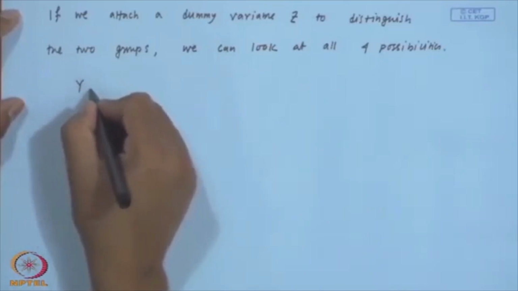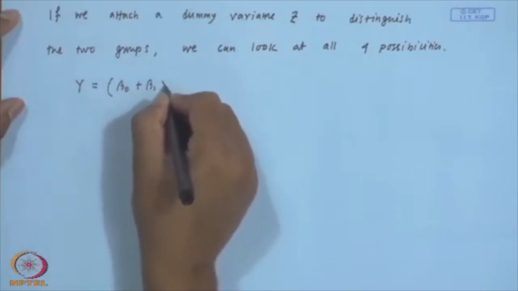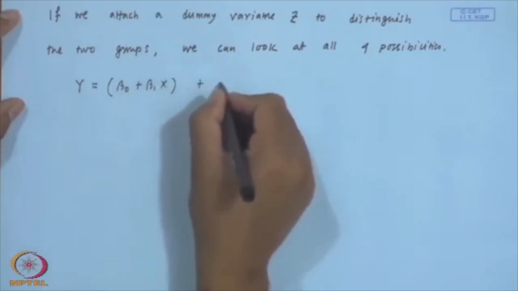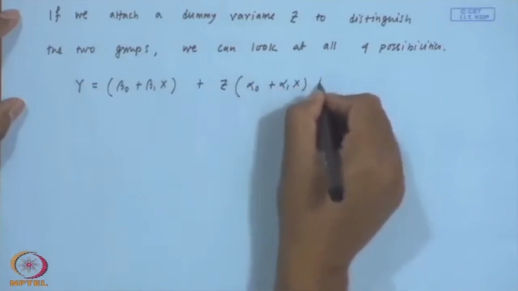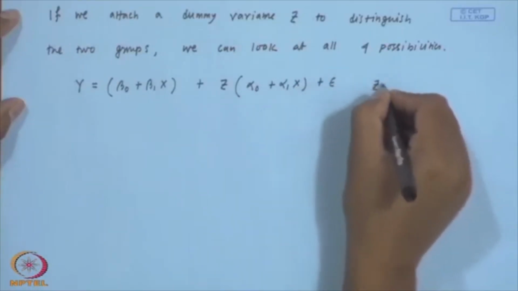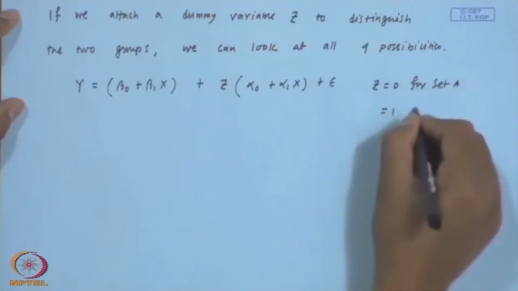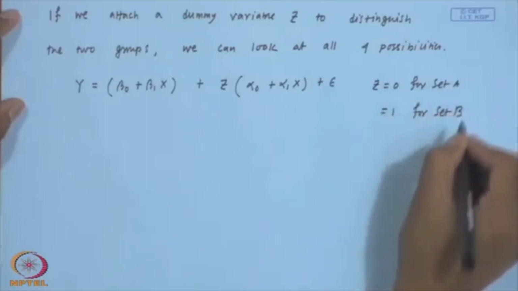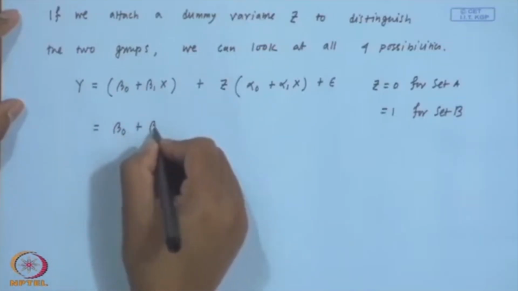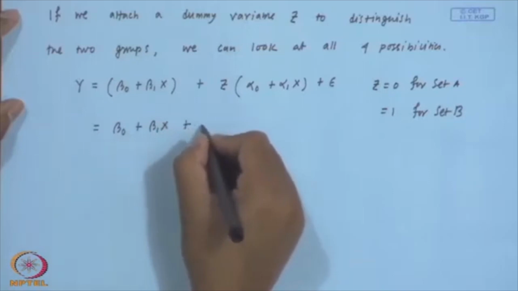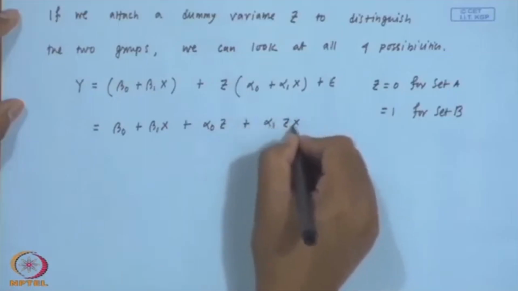Well, so the general model is y equal to beta naught plus beta 1 x plus z into alpha naught plus alpha 1 x plus epsilon, where z is equal to 0 for set A and 1 for set B. This can be written as beta naught plus beta 1 x plus alpha naught z plus alpha 1 z x plus epsilon.